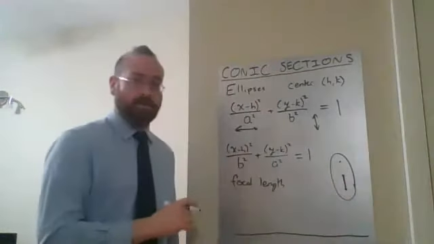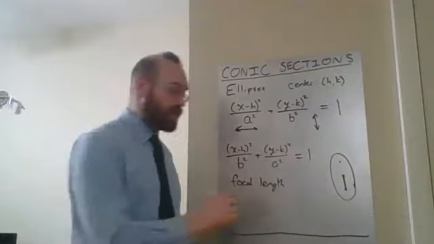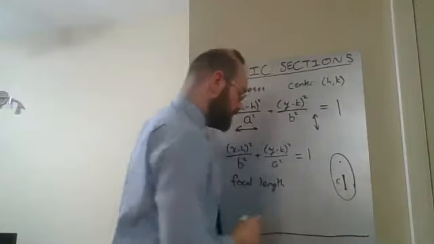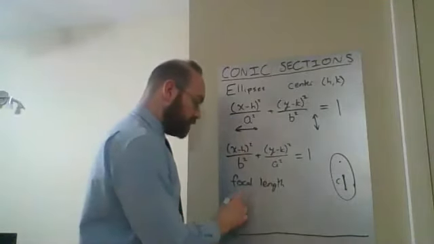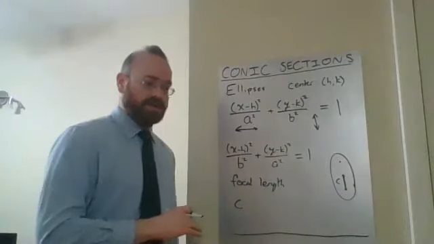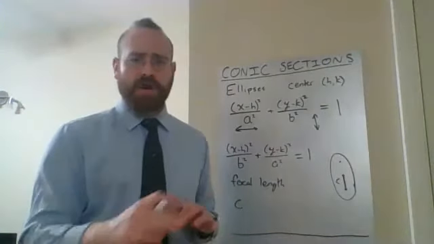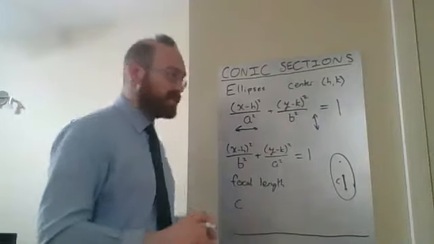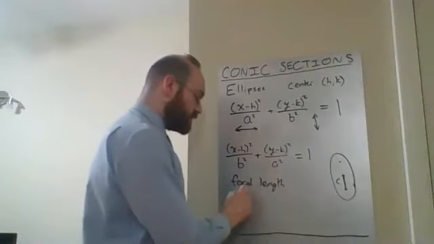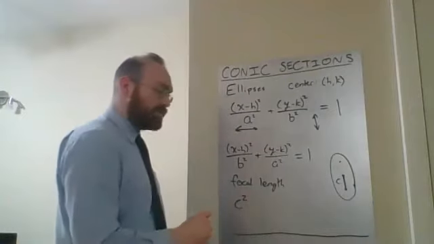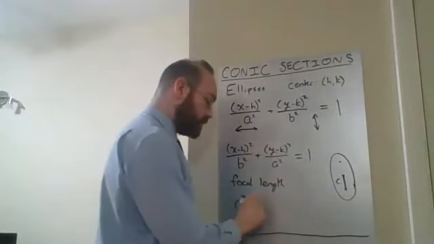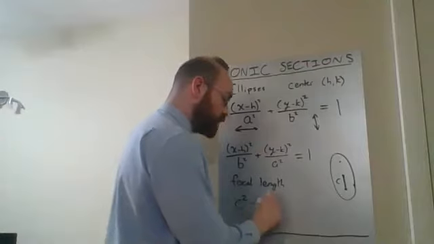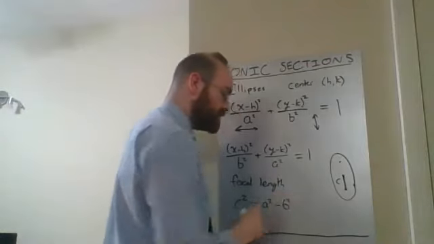That distance from the center to a focus we call C, and the formula for an ellipse, which comes from a lot of drawing triangles, and it can get very involved, and we're not going to go into it in this video. We find that A, B, and C have a relationship. C squared is equal to A squared minus B squared.